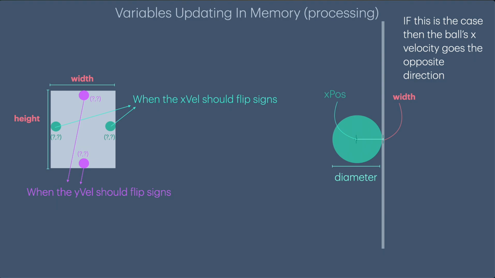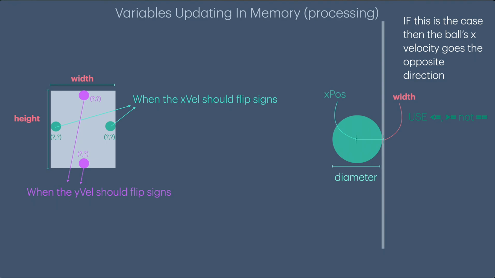For example, if I wanted to check when the ball hit the right boundary or the right wall, I would look at the X position, which is the middle of the ball, and add some amount that has to do with the diameter, and compare that with the width of the screen. And that tells me that the edge of the ball is touching the screen.